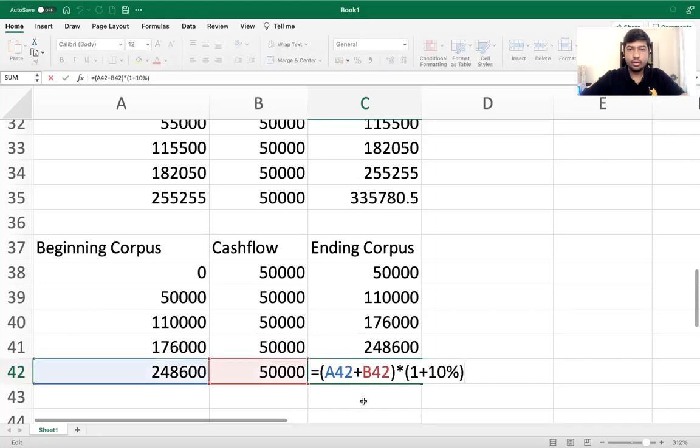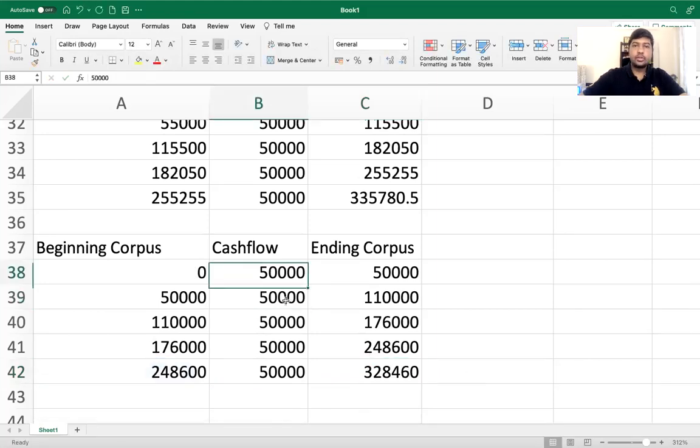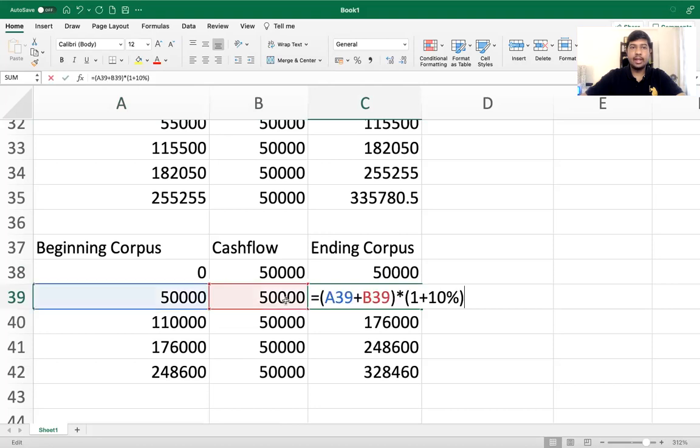Okay, so here you are ending with only 50,000 rupees. So 50,000 is what you're adding, and this plus this will earn 10%. So at the end of second year, you will have 1,10,000.